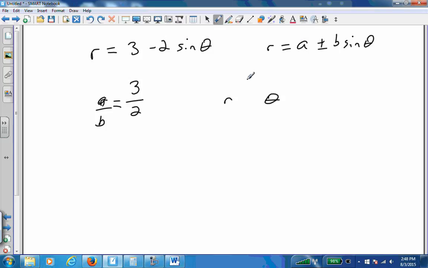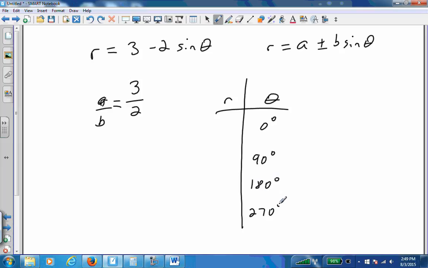So the way we get the direction those are turned is we need at least 4 points. And I'll just use our quadrantal angles, 0, 90, 180, and 270. Just real quickly, if we put a 0 in, we get a radius of 3.